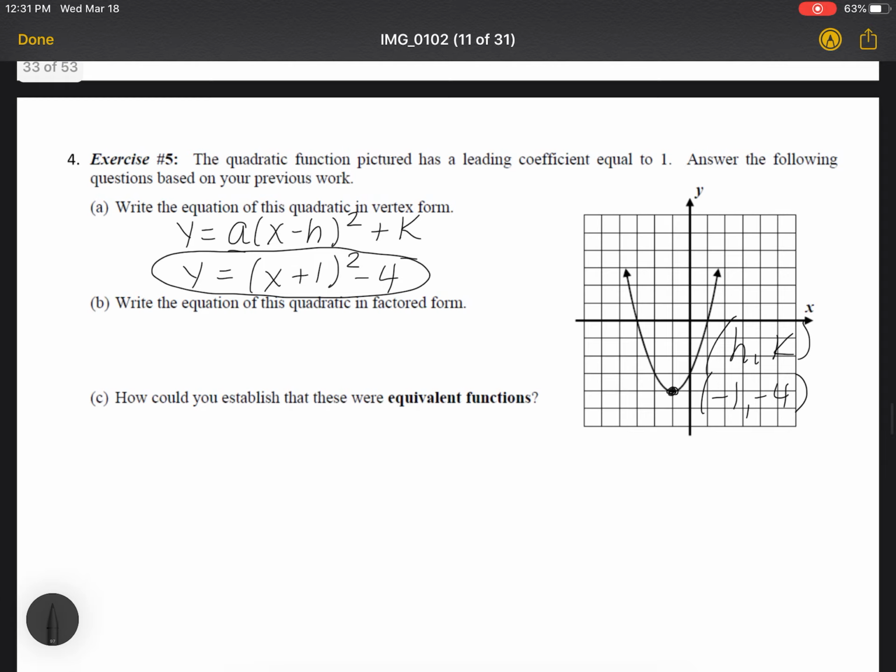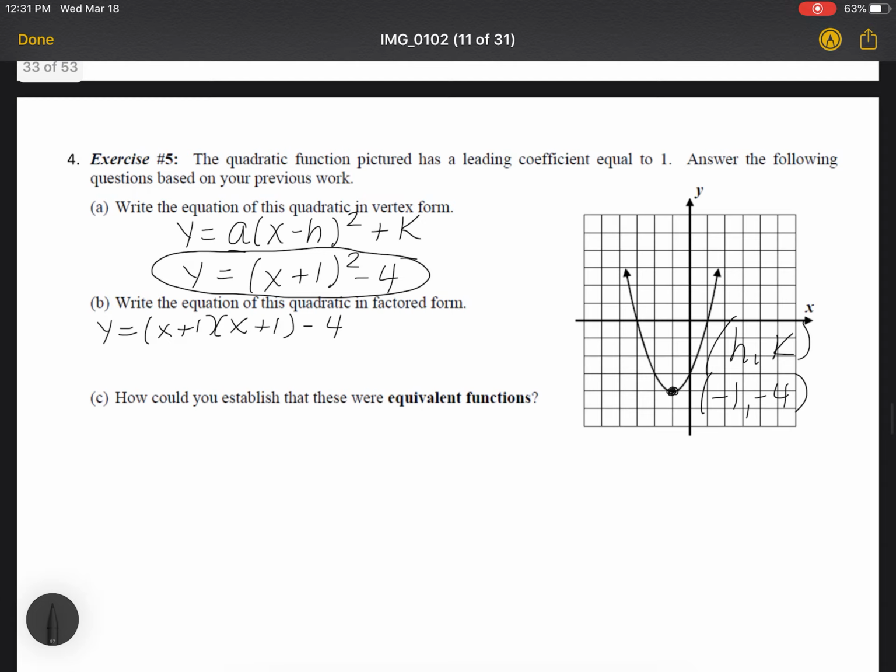Okay, now letter B is asking us to get this in quadratic form. So we're just going to, again, use PEMDAS on this vertex form to get it into that quadratic form that we're used to. Let me write out my squared portion here.